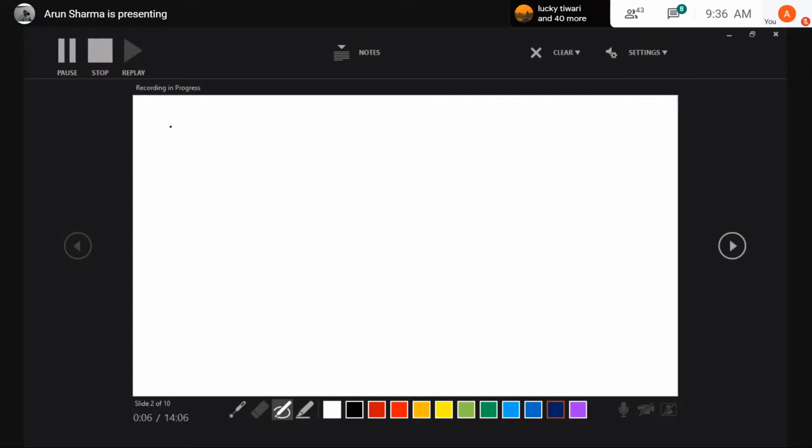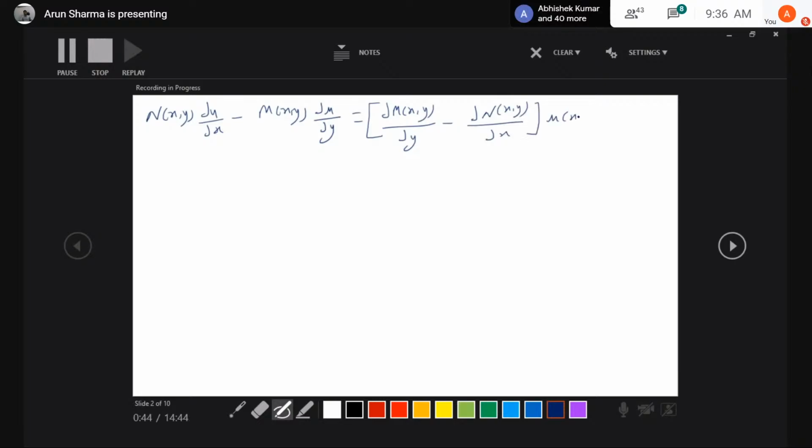So let me just copy and paste what I have written on the last page. N(x,y) del mu upon del x minus M(x,y) del mu upon del y equals del M upon del y minus del N upon del x times mu(x,y).